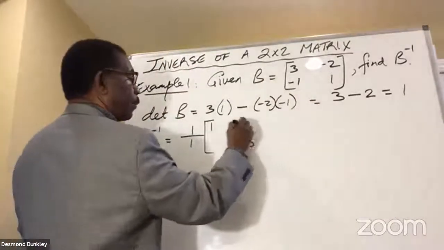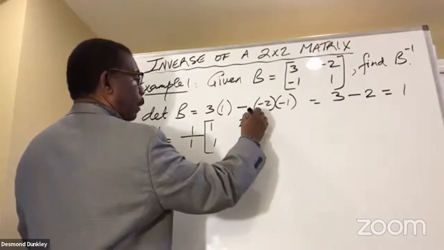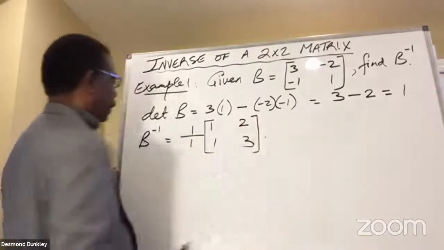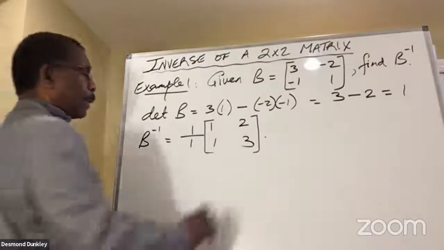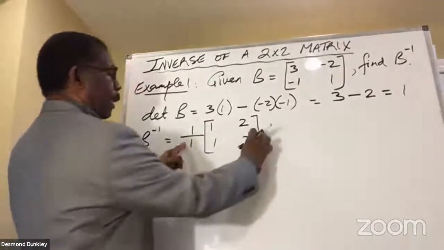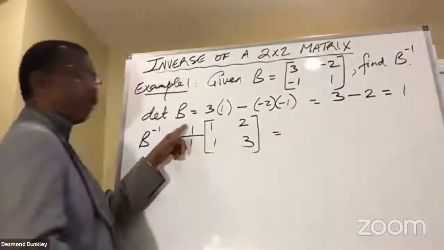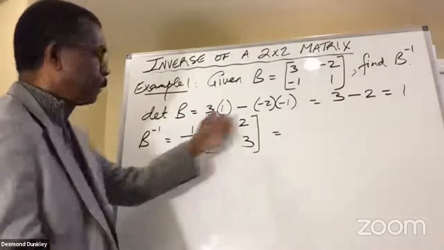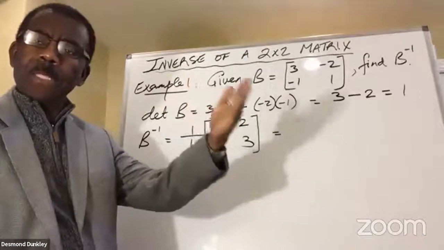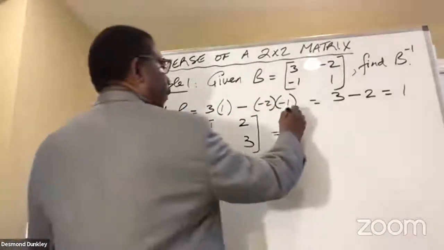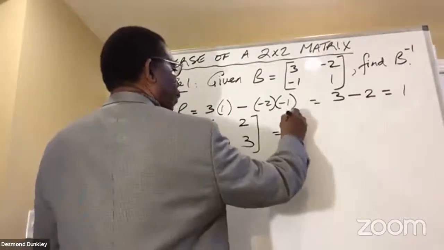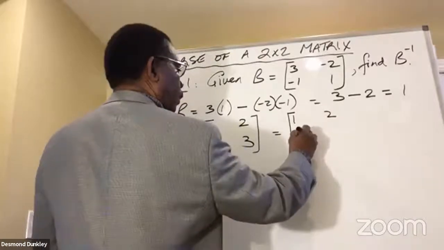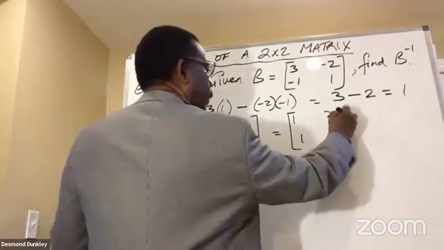So this becomes 2, this becomes 1. Of course, this looks ugly. What is 1 divided by 1? It's just 1. And 1 times anything is that thing, it remains unchanged. So therefore, your final answer is 1, 2, 1, 3.